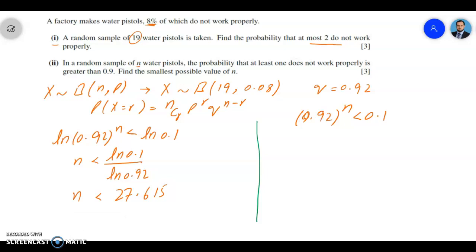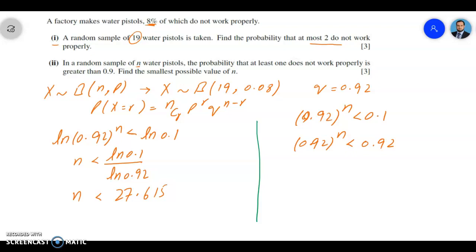We need to make the base the same on both sides. On this side we have 0.92 to the power of n, and we are looking for 0.92 to some power that makes 0.1. Type 0.92 in your calculator and try different powers.